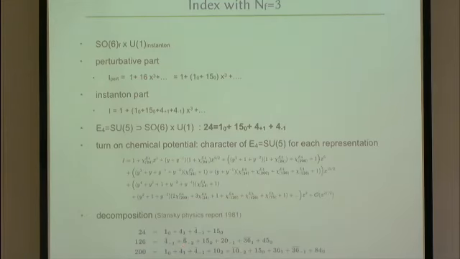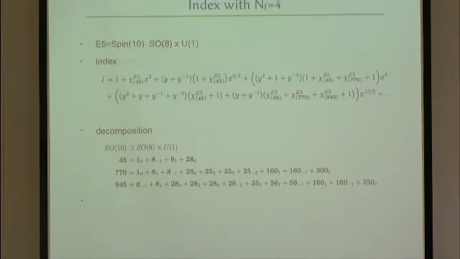So this is a rather non-trivial calculation, and we got the character for E4. So NF equal to 4. Again, we got the index in terms of characters of E5. And again, in this decomposition, there are two-instanton contributions and single-instanton contributions. And we are still working on three-instanton contributions and making some progress.